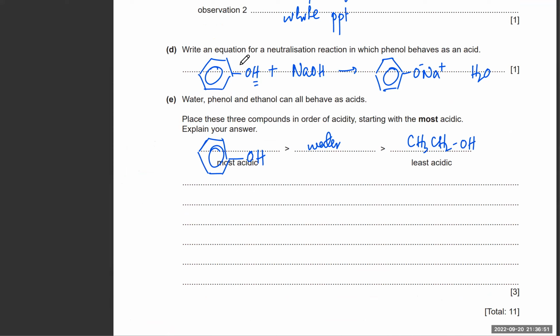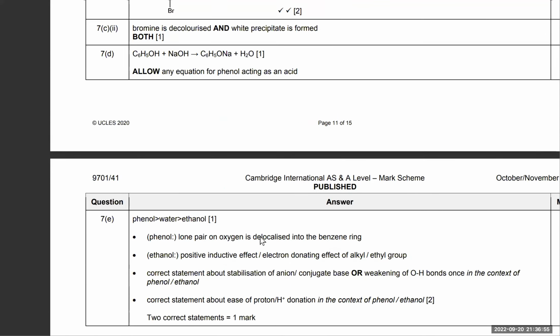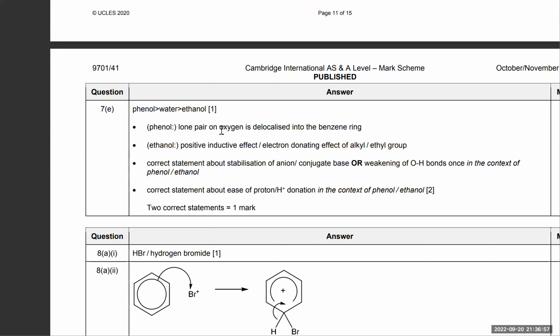Yes, sir. And you can check out the wording as well for the last part. For phenol, the lone pair mixes with the benzene electron cloud, and for ethanol, you've got an electron donating alkyl chain. And you're going to talk about the weakening of the OH bond.